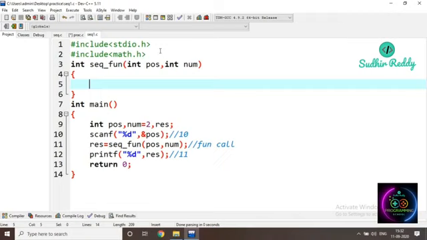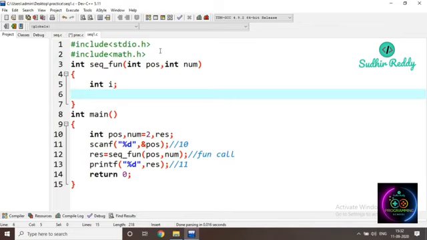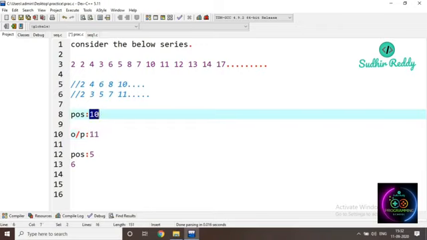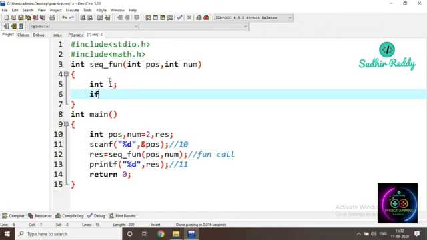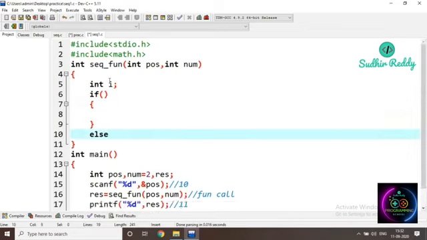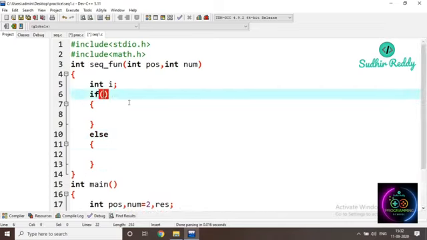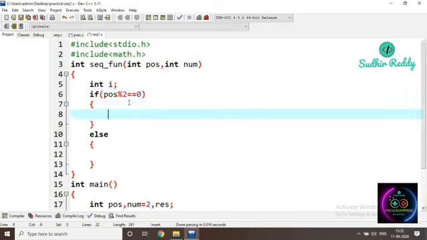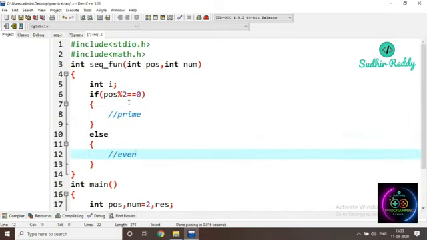Now I am going to take an int i for the iterations. I already discussed that if the position is even, I generate prime numbers, and if the position is odd, I generate even numbers. That's why I am going to write an if condition: if the position is even, the prime number logic, else the even number logic.